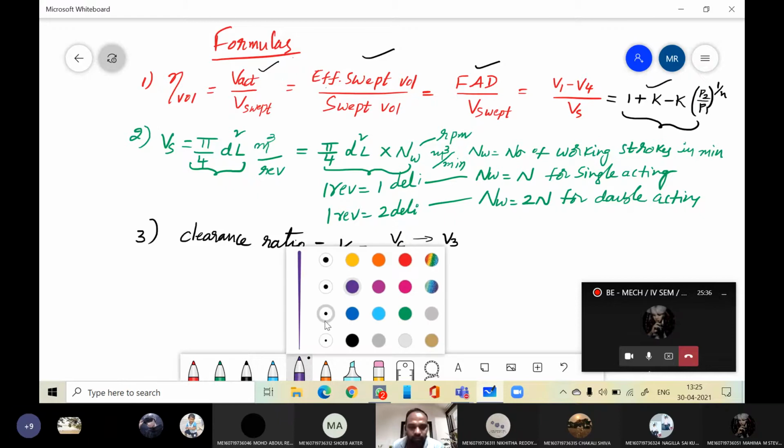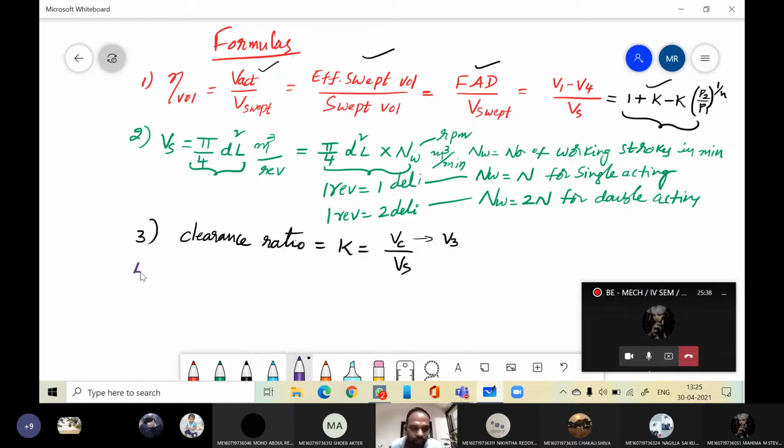Next, fourth one, isothermal work. We are writing for the compression, not for expansion. Isothermal work, W isothermal is equals to, if anyone knows, tell me.